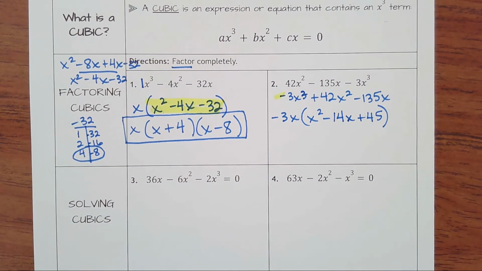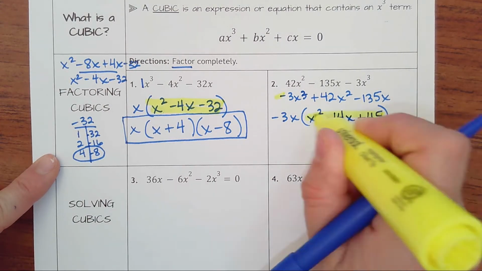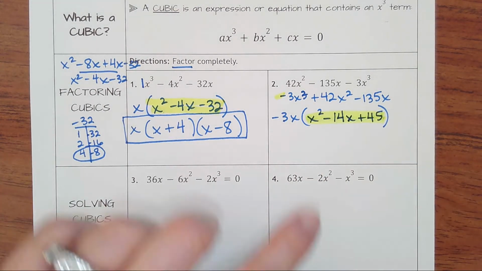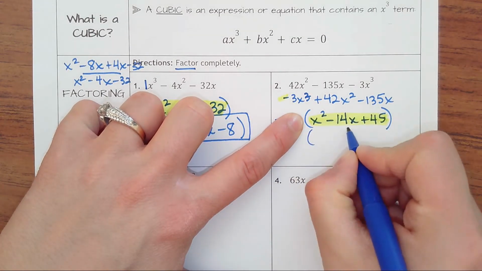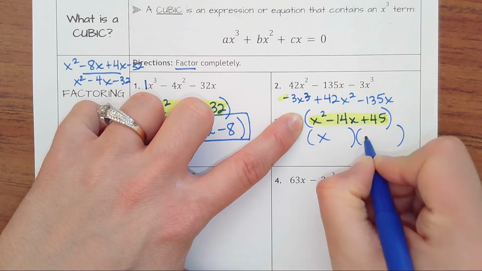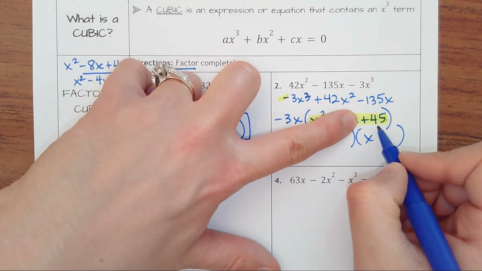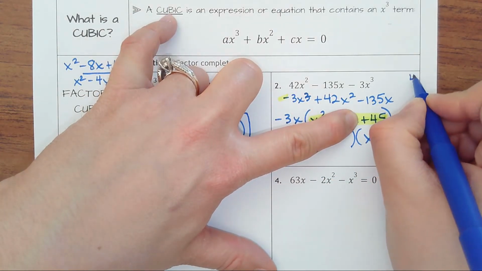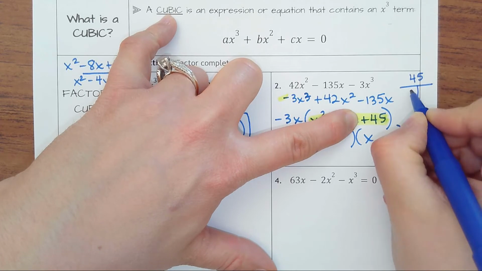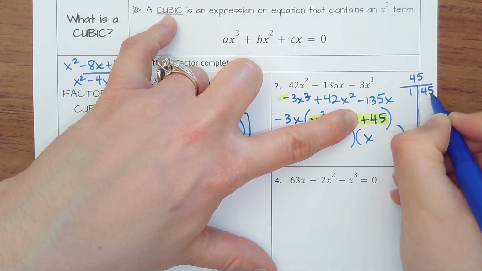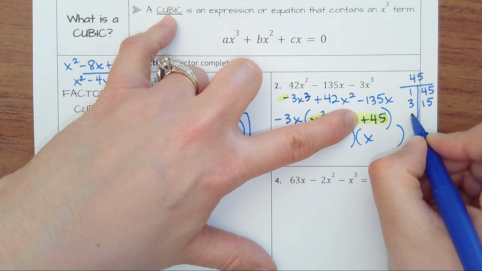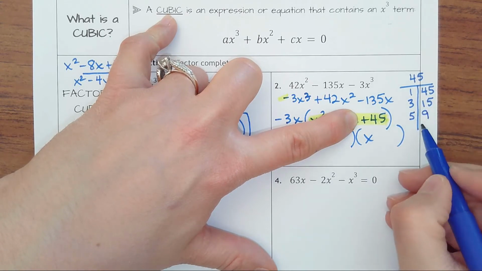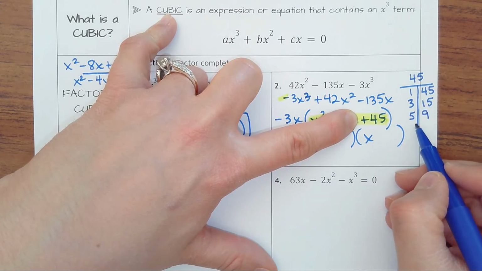Okay. So now I'm trying to factor this again because something had to FOIL or multiply to make this be x squared. Make two sets of parentheses, x times x. What multiplies to make 45? Could be 1 and 45, 3 and 15, not 4, 5 and 9, not 6, not 7, not 8, I'm back to 9.